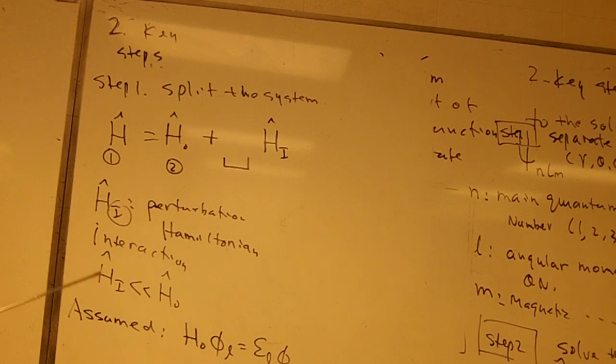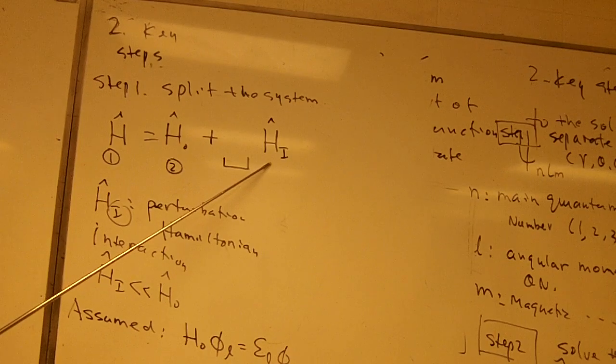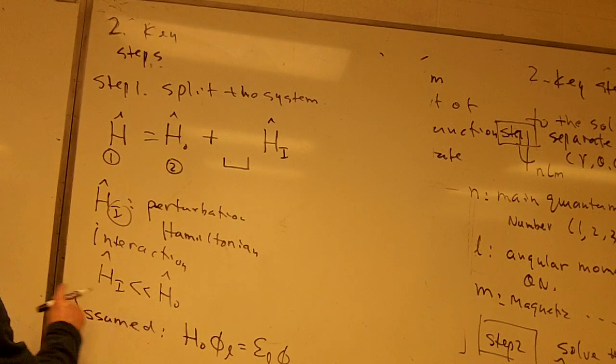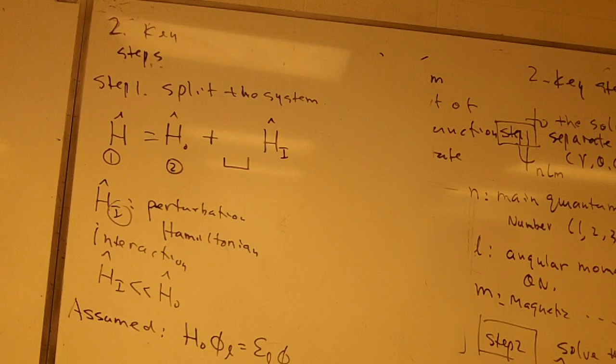So we assume that for the isolated or unperturbed system, we already found the eigenvalues and eigenfunctions, or eigenstates. This is assumed. But the full system is unknown for the moment. So you must assume that. If you don't know that, you need to solve for that first. Usually this term is the smaller one in this case.